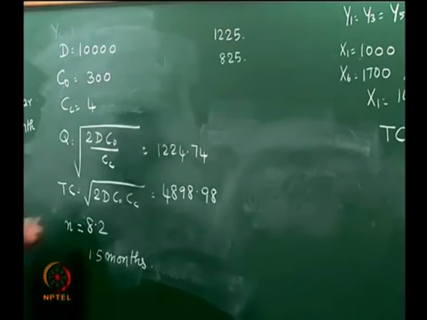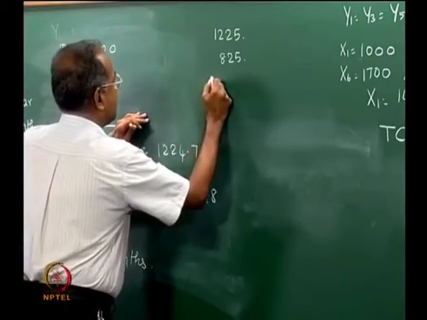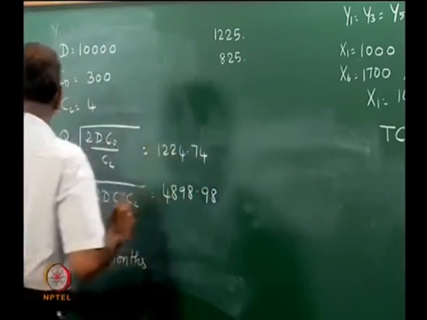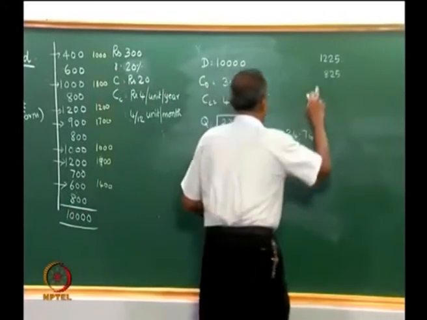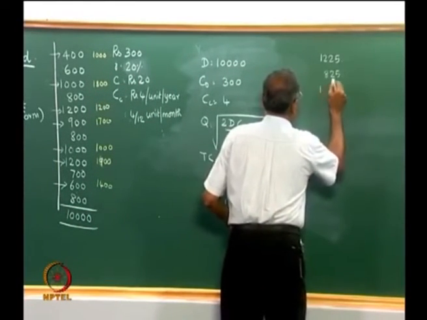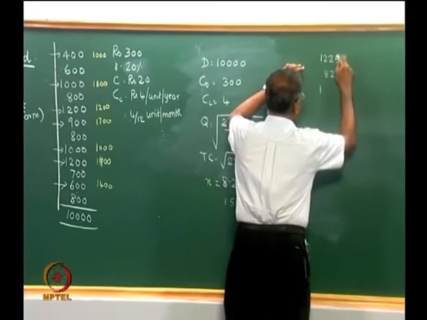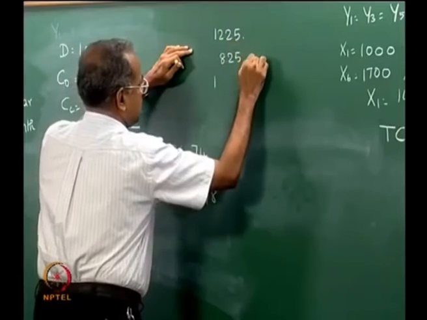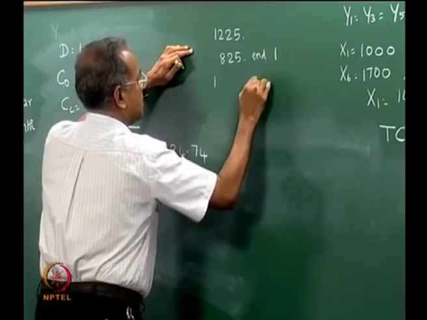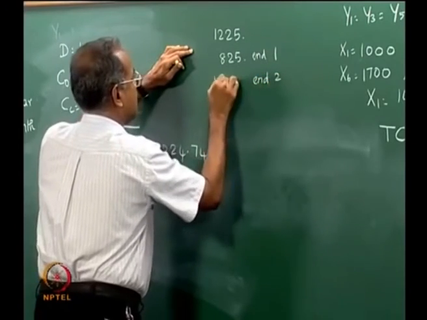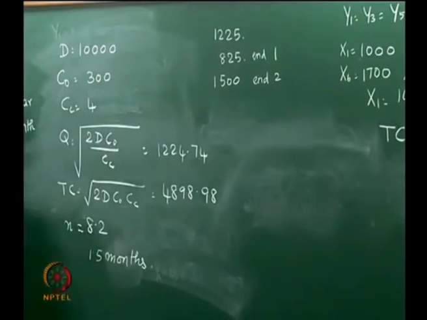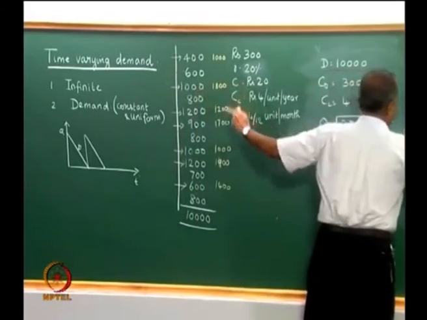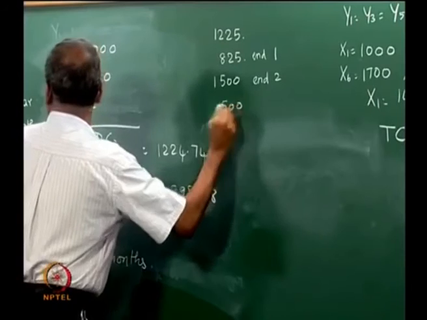So at the end of the second month we will have 1500, every 1.5 months we place an order. This is the beginning of the first month. So end of first month, end of second month we will have 1500. Now we meet this 1000 here, so we would have 500 at the end of this month.